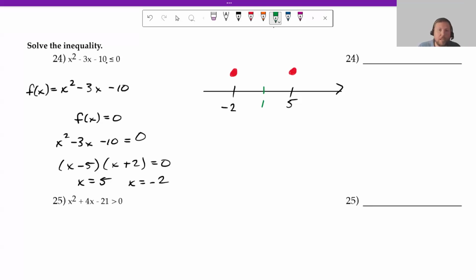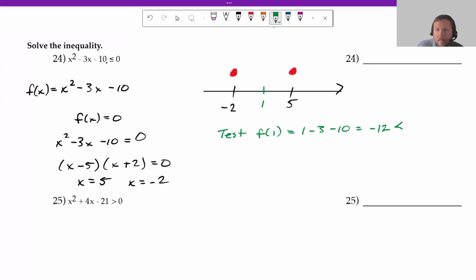So what we want to do is check each region. But since it's a quadratic, once you know one region, it alternates. So you just figure out what the next regions will flip to since it's alternating. So I'm going to test f of 1. So I get 1 minus 3 minus 10, so I get -12.